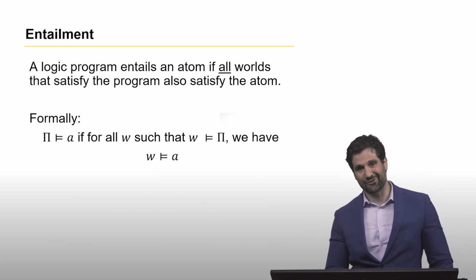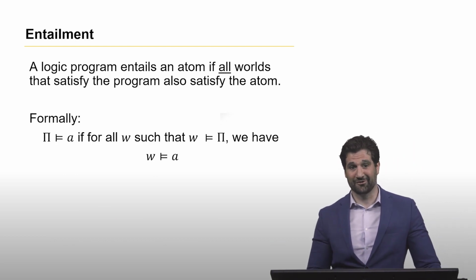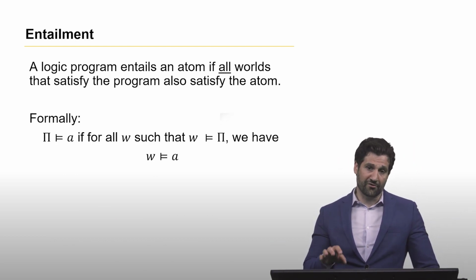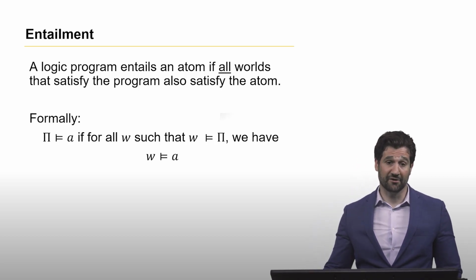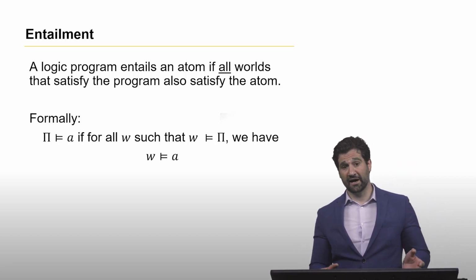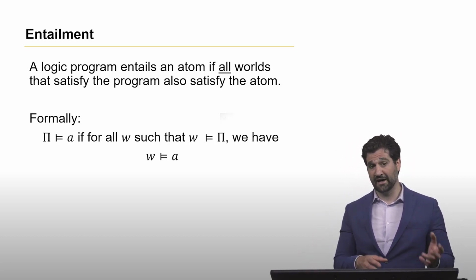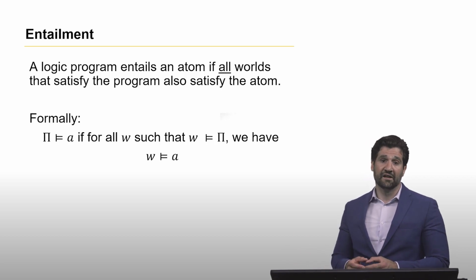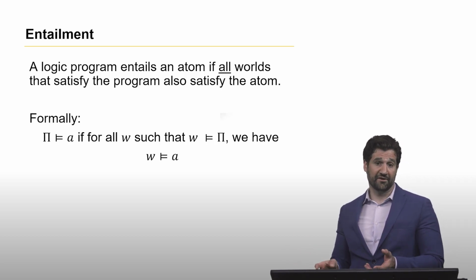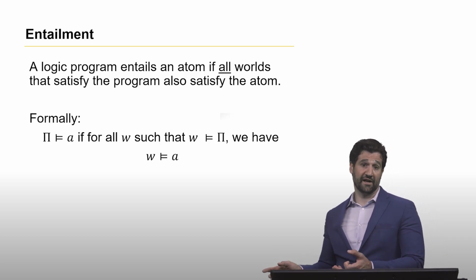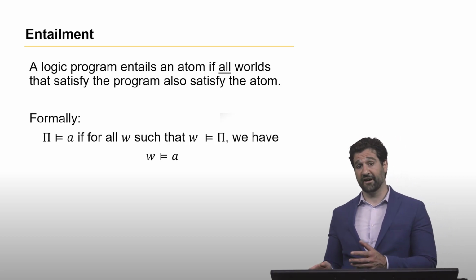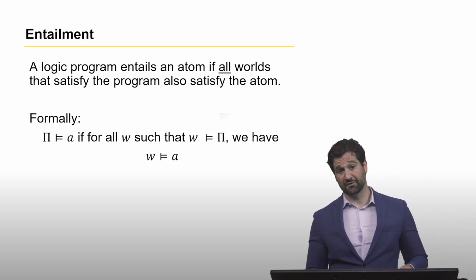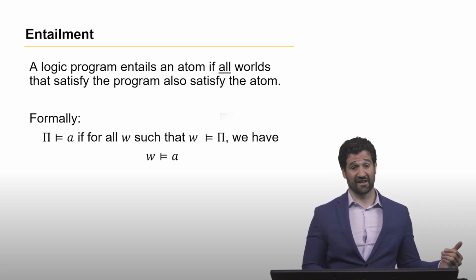Okay, so going back to a little bit before, why is this important? Well, if you recall from the earlier block on propositional logic, we talked about this idea of entailment, and we say that a program pi, a collection of logical sentences, entails A if for all worlds that satisfy pi, those worlds also satisfy A. So the only way we could be sure that all the worlds satisfy A is if W is a minimal model, because W as a minimal model would be a subset of everything else.